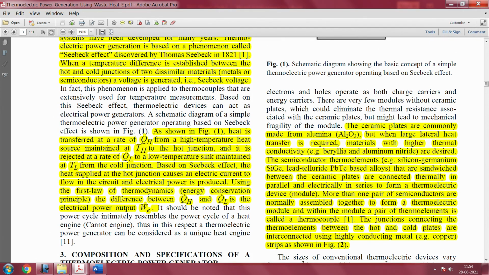Based on Seebeck effect, the heat supplied at the hot junction causes an electric current to flow in the circuit and electrical power is produced. Using the first law of thermodynamics, the difference between QH and QL is the electrical power output WE. So very simple, straightforward application of the law of thermodynamics.